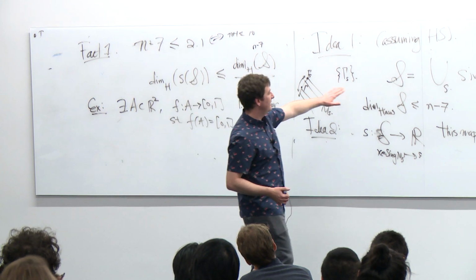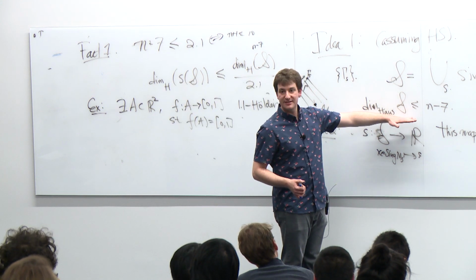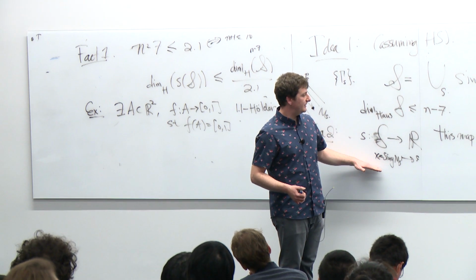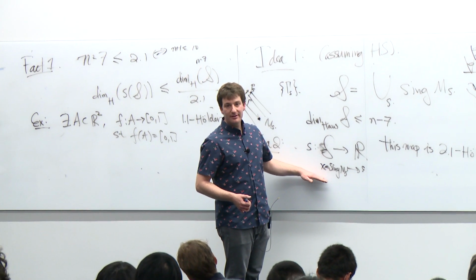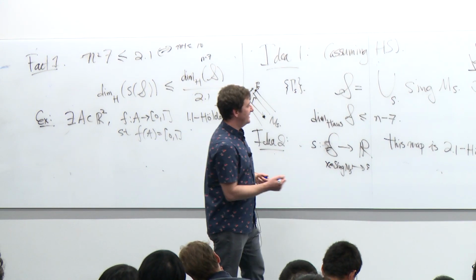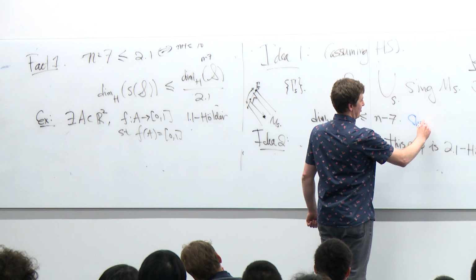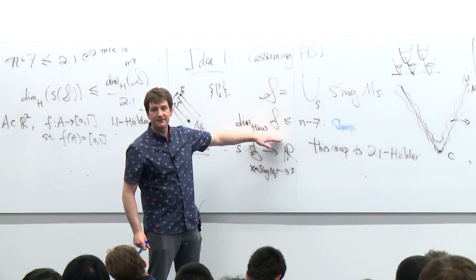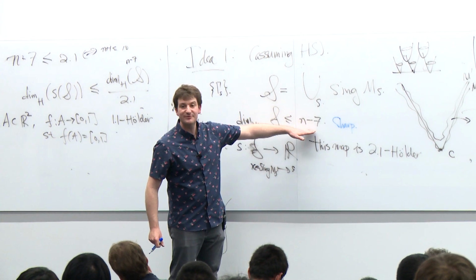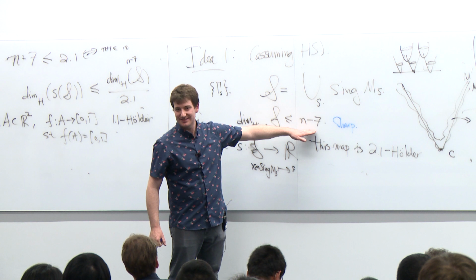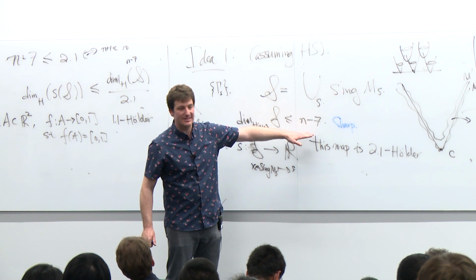you want to combine an estimate for the Hausdorff dimension of the singular set of the foliation with an estimate for the Holder norm of a separation estimate. But the problem is that this is sharp, right? Because take a single singular leaf, then you expect, maybe you don't know exact examples of solutions to the Plateau problem with this singular set, but I'm pretty sure it should exist.